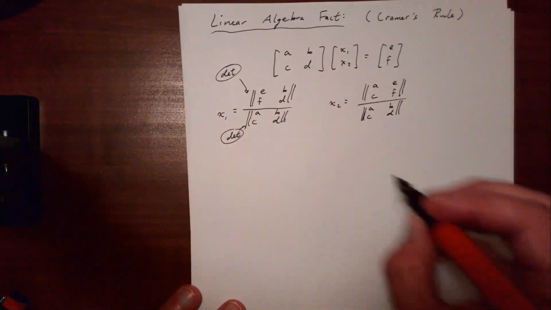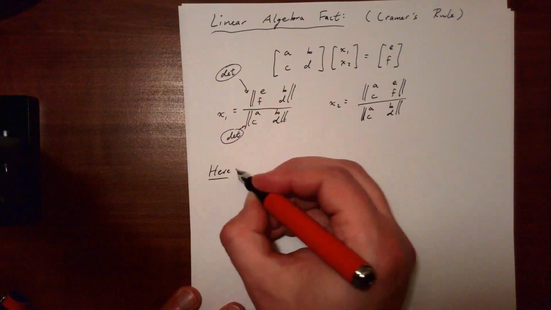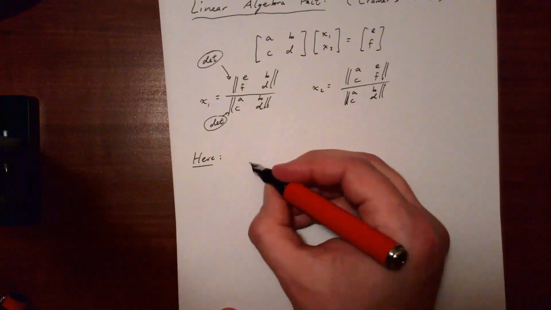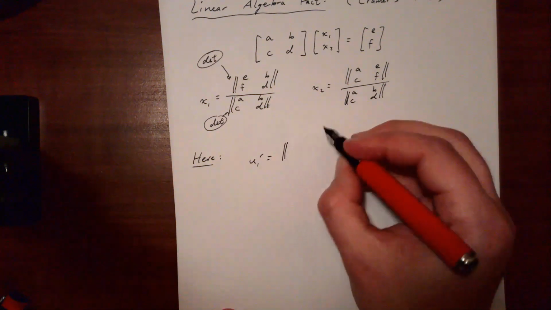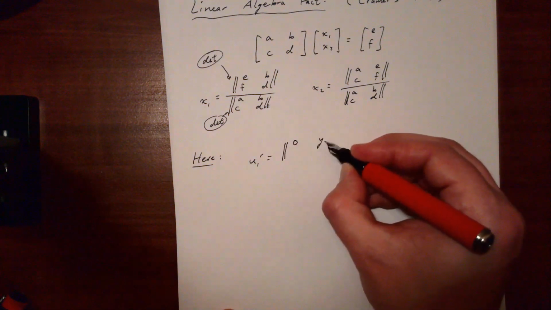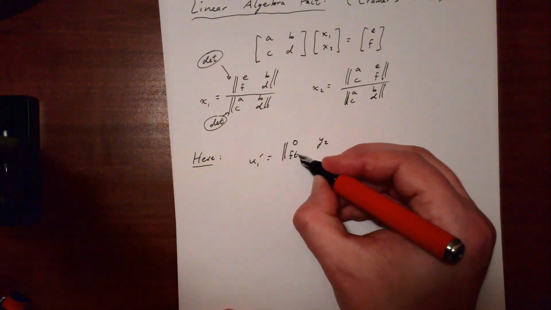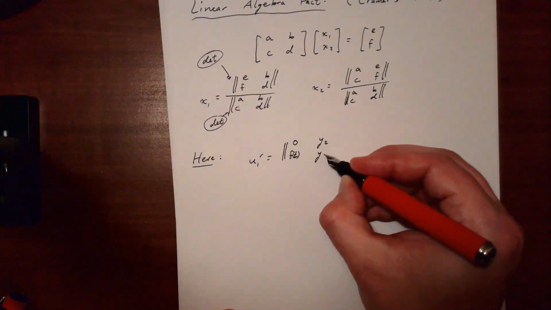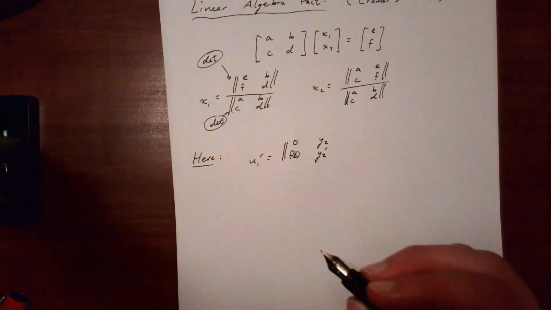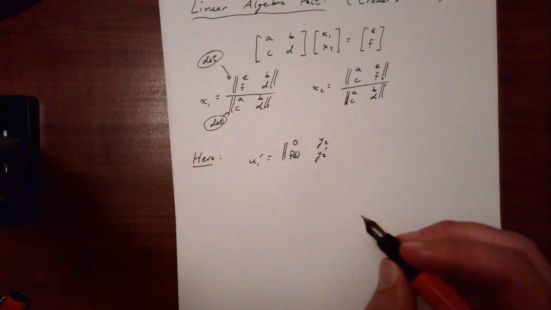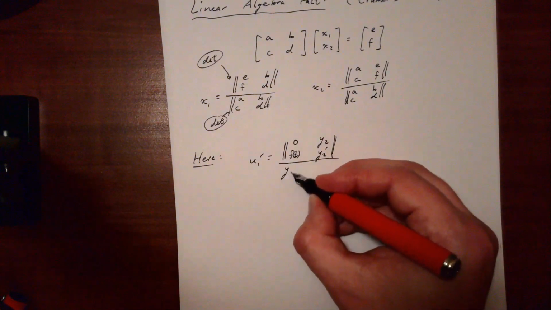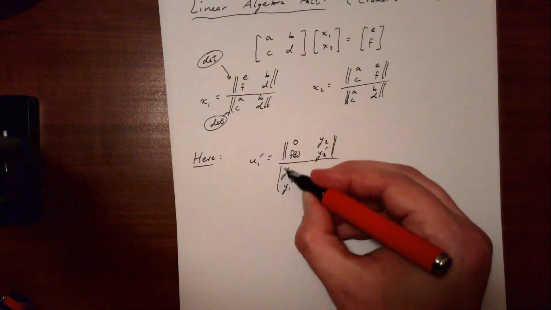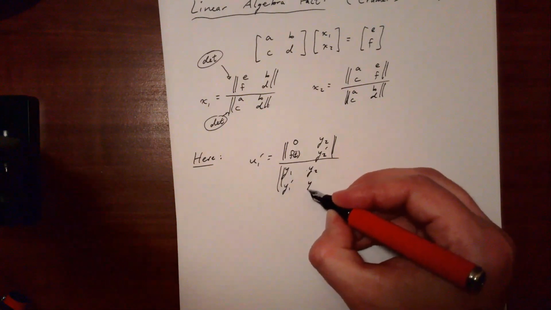Here, what we'd have is u1 prime equal to the determinant of 0, y2, f of t, y2 prime, all divided by the determinant of y1, y2, y1 prime, y2 prime.